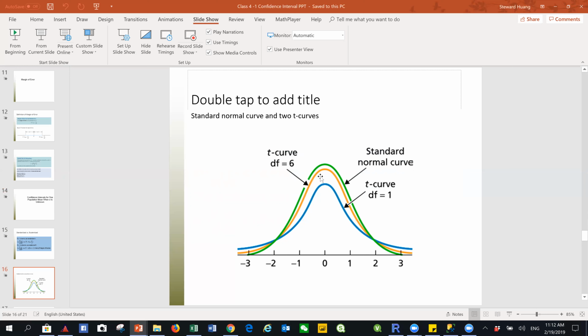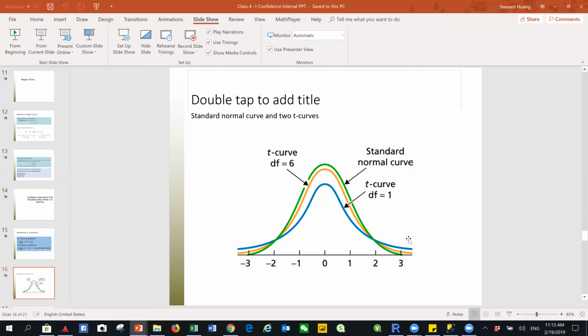The Z distribution follows the green curve, and the T distribution follows the blue and the orange curves.